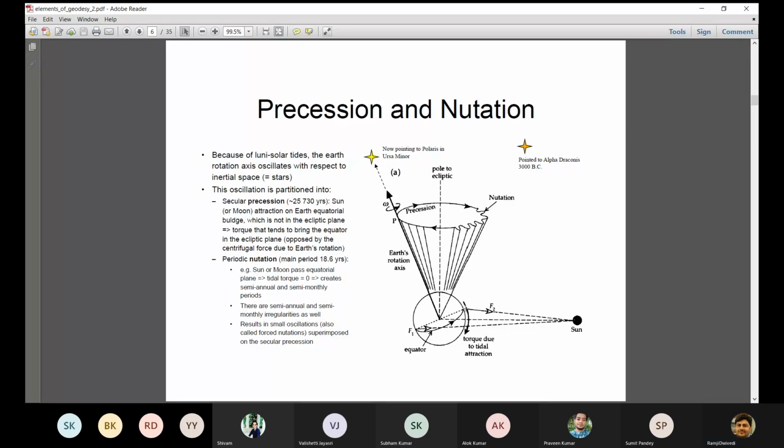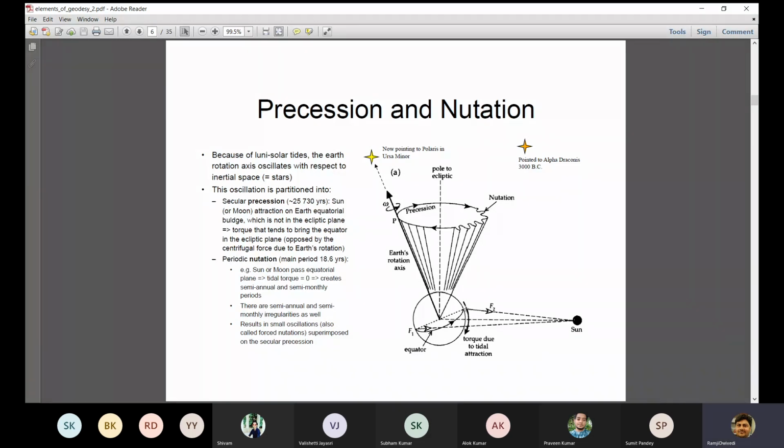So the torque that tends to bring the equator into the ecliptic plane is opposed by the centrifugal force due to Earth rotation. Okay, the periodic nutation, whose main period is 18.6 years. So when the sun and moon pass the equatorial plane, the tidal torque is 0, creating semi-annual and semi-monthly periods.